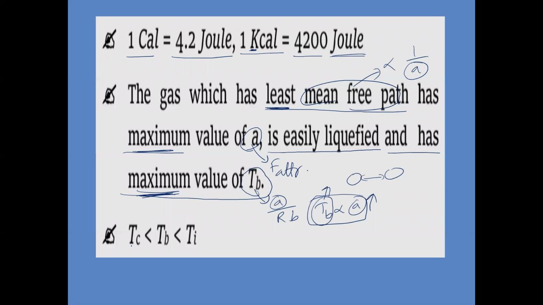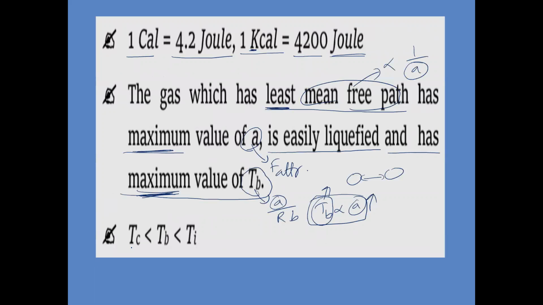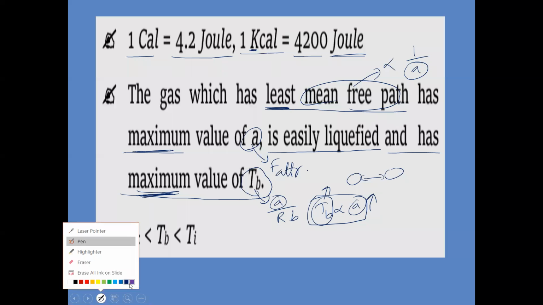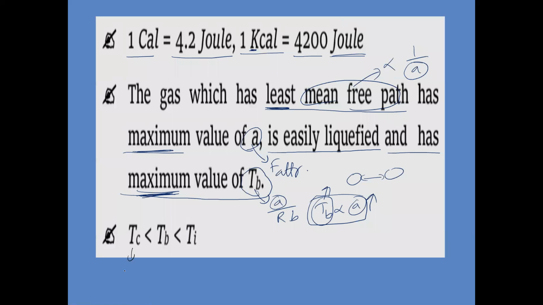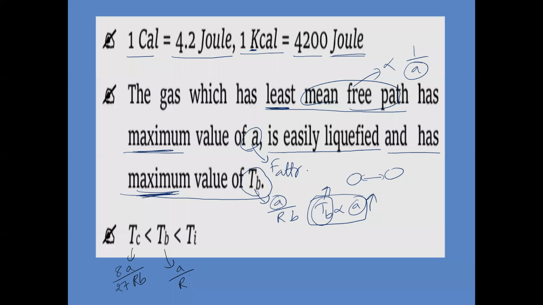And all these values will be more. What is the critical temperature formula? Tc is 8A by 27RB. TB is A by RB.